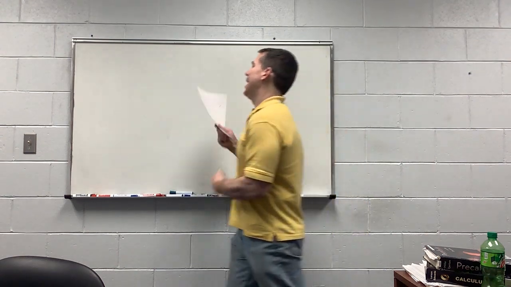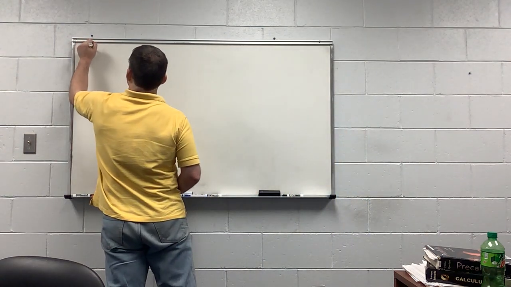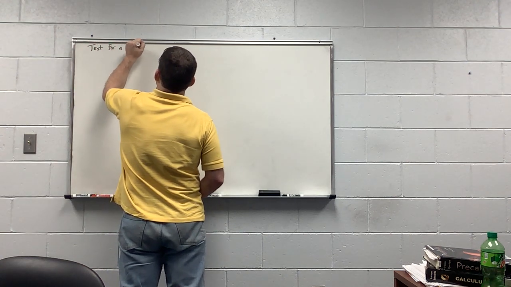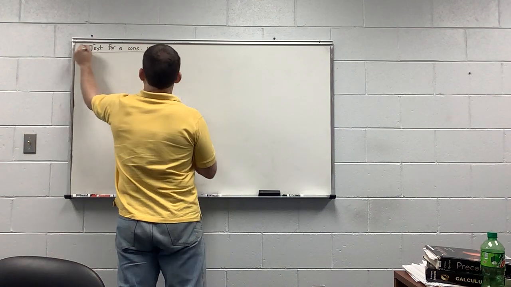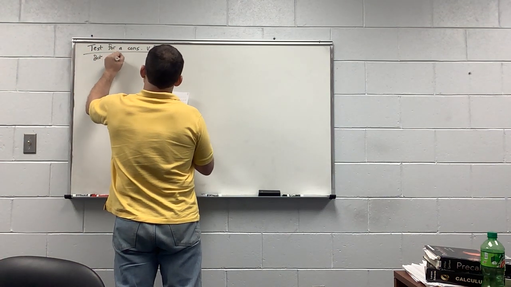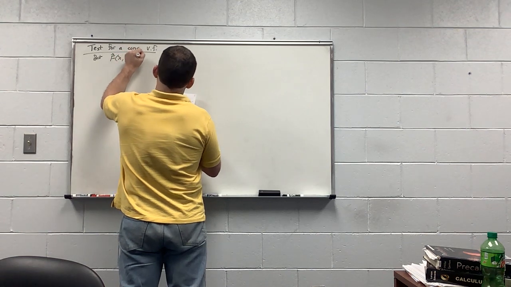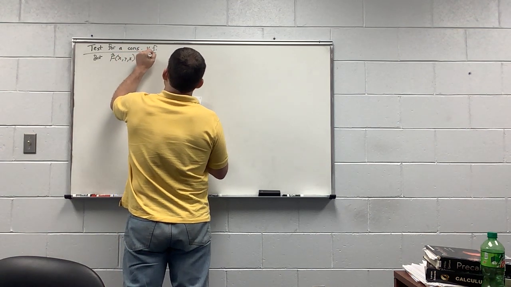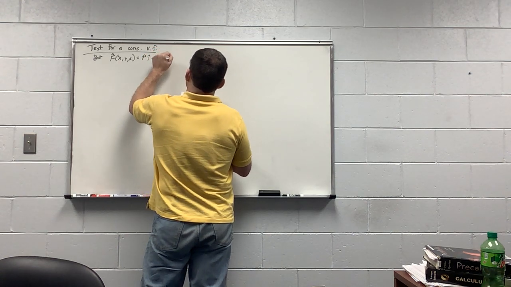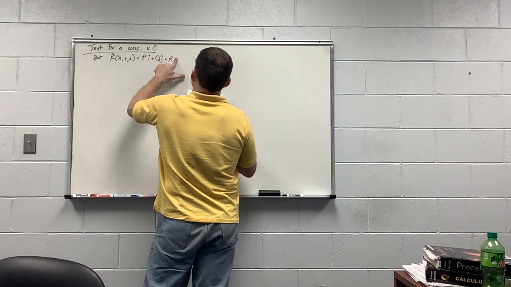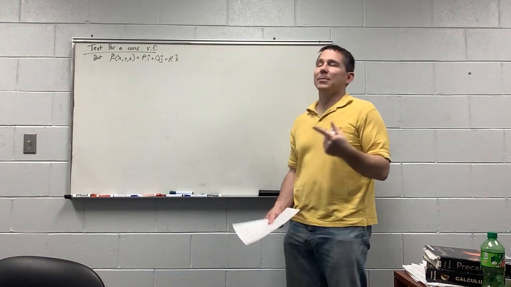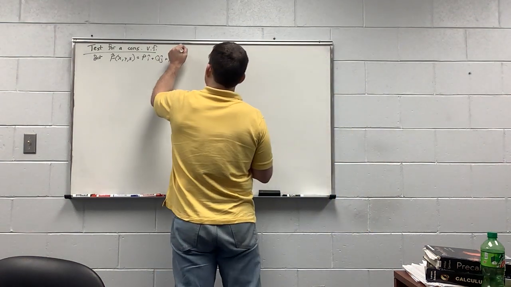But as far as a test for a conservative vector field, we have to have all of our conditions. Let F of x, y, z equal Pi plus Qj plus Rk, where P, Q, and R are my three variable component functions that we know.